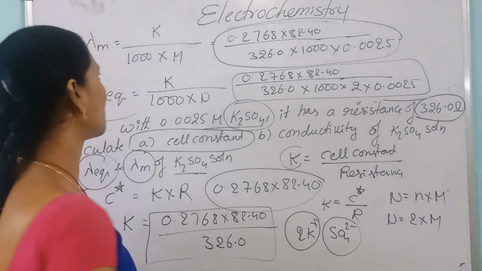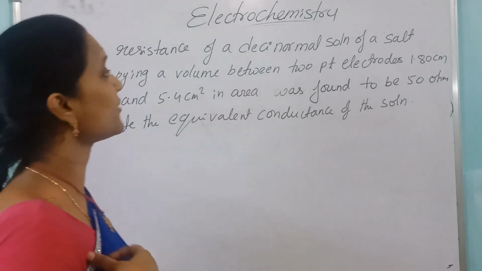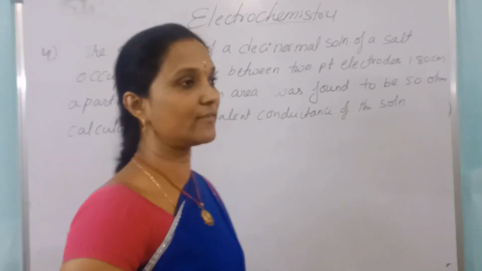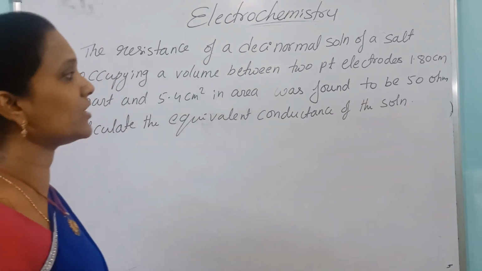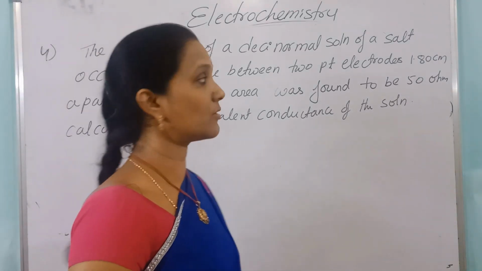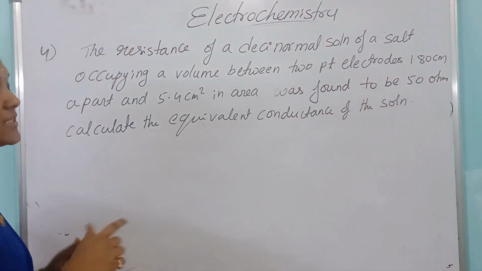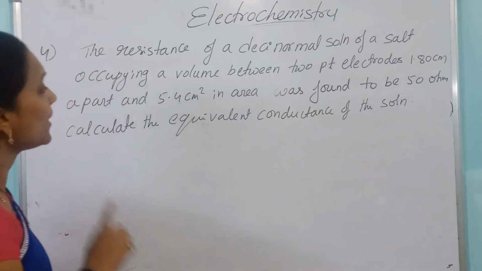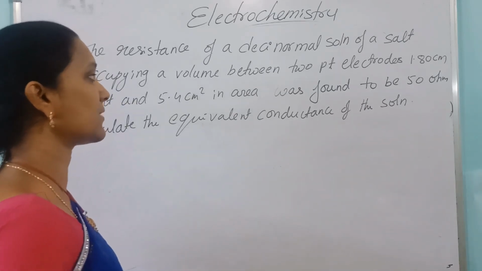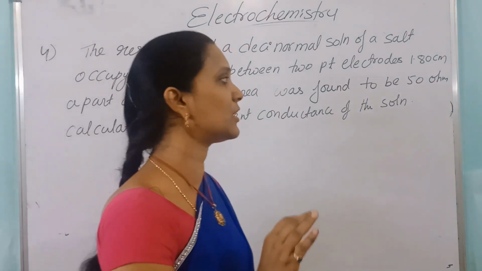Now come to the fourth problem. The resistance of a decinormal solution of a salt, normality given, occupying a volume between two platinum electrodes 1.80 centimeter apart, distance between two electrodes given, and 5.4 centimeter square in area, length given, area given, was found to be 50 ohms.